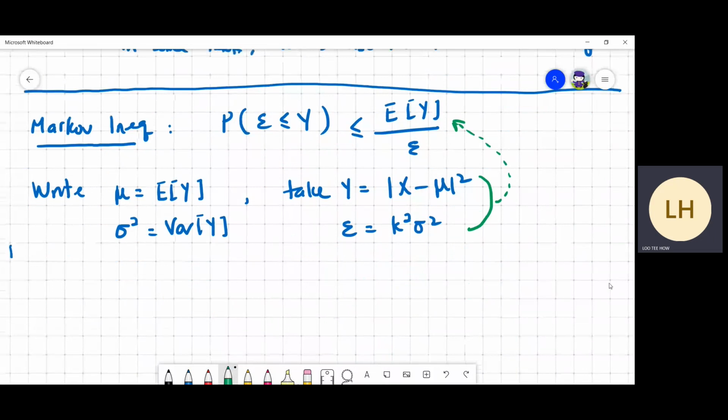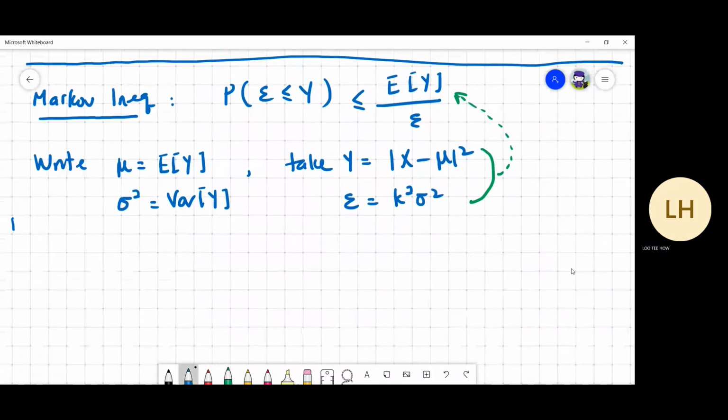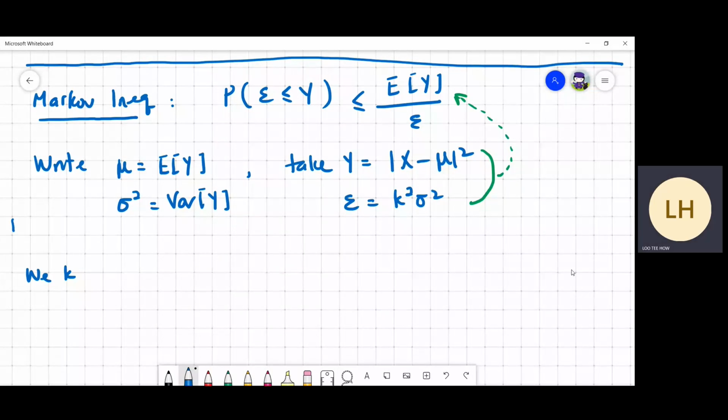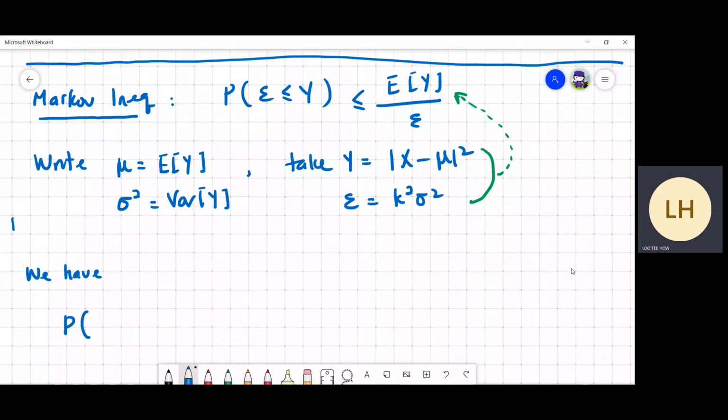By taking this, we have P of, if we take epsilon to be k square sigma square, less or equal to taking y to be the square of x minus mu.